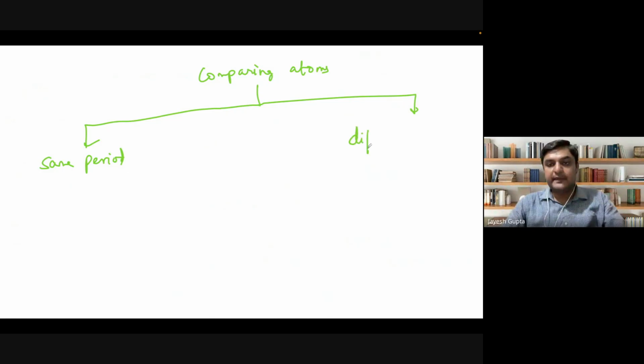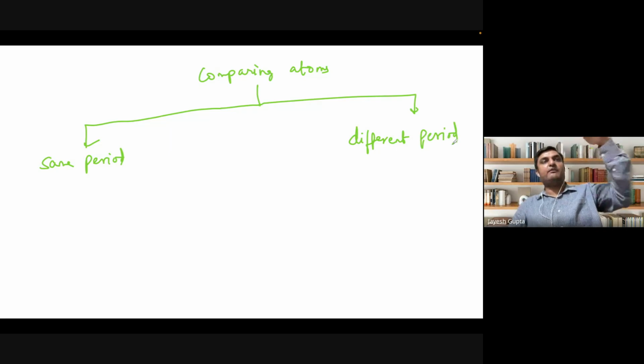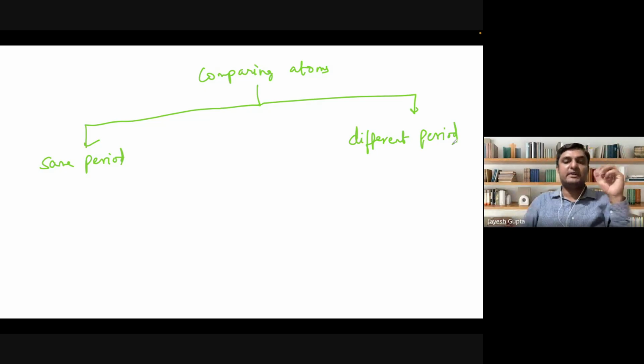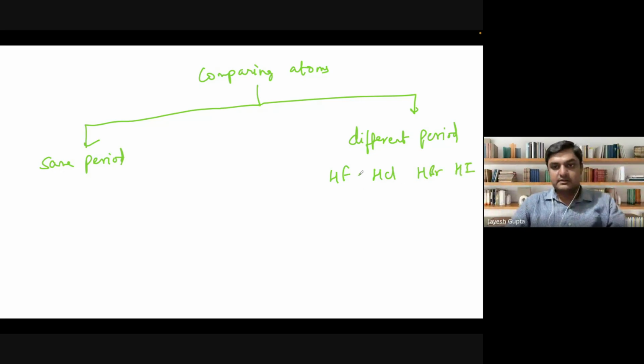So if they are different period, your work is very easy because you know on switching from one period to next period, number of shells increases. Number of shells increases, your internuclear distance will increase. One atom will be very big, so your bond length is very high. Suppose if I take HF, HCl, HBr, HI, it will be like this one.